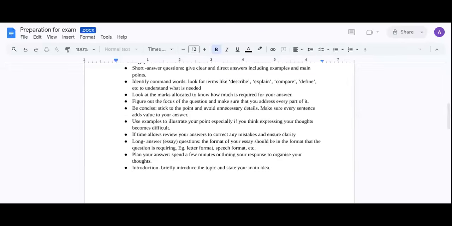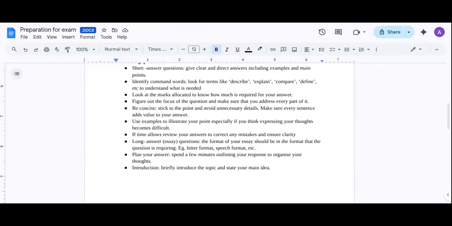So I think the last thing you all would have heard was about figuring out the focus of the question. Right. The next point here says to be concise, stick to the point, and avoid unnecessary detail.